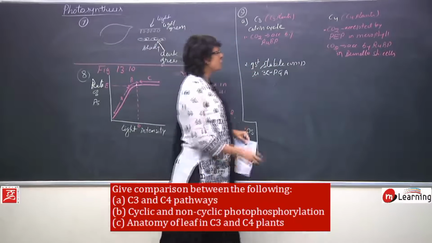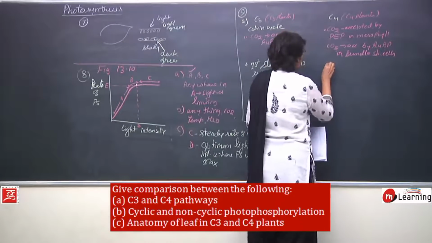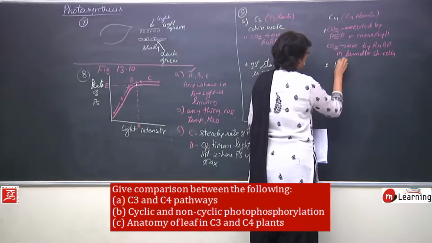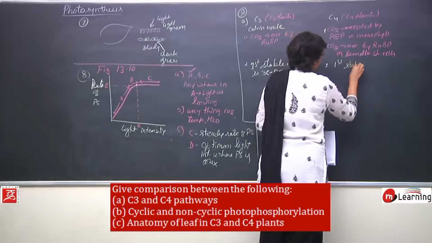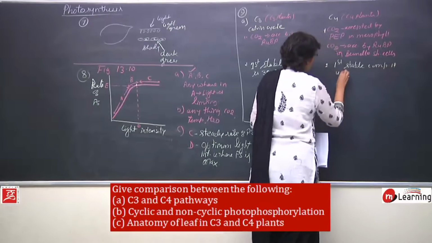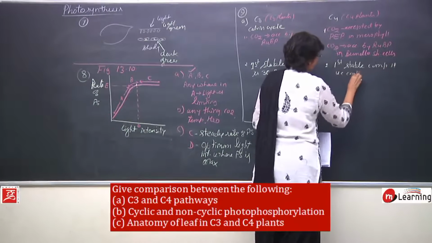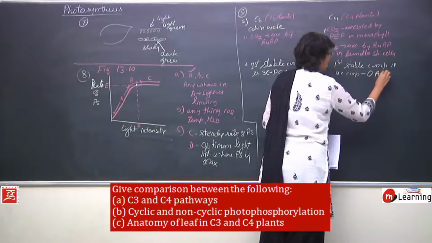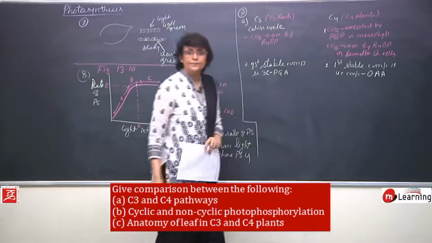In case of C4 plants, the first stable compound is a 4-carbon compound, that is oxaloacetic acid.